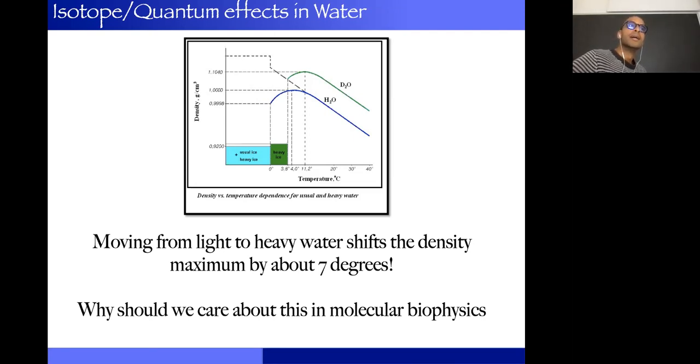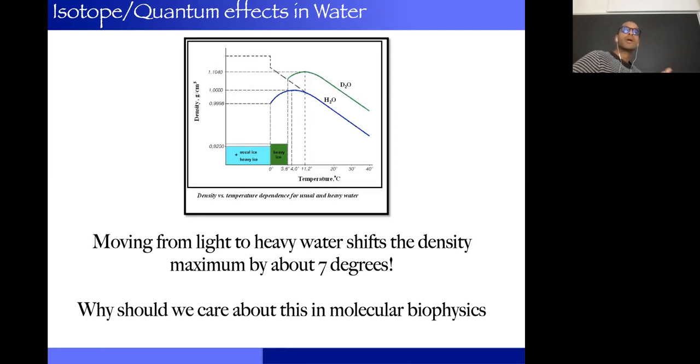Now the figure that I'm showing you is one of the anomalies, the density maximum of water. And you see that the density maximum of water shifts to higher temperatures. So it shifts from 4 degrees to 11 degrees Celsius. It's a huge shift in the density maximum of water.